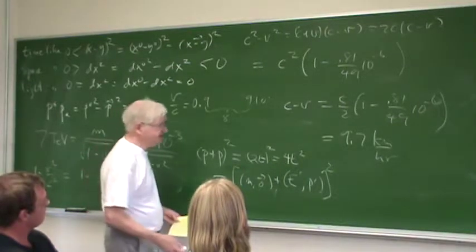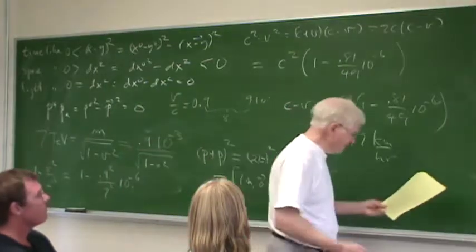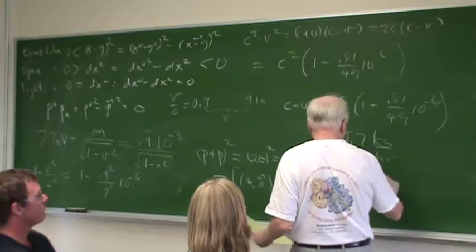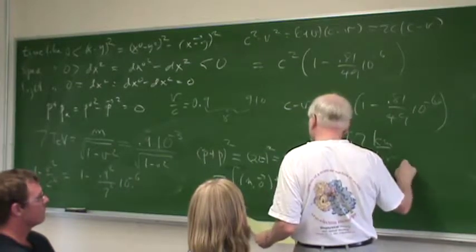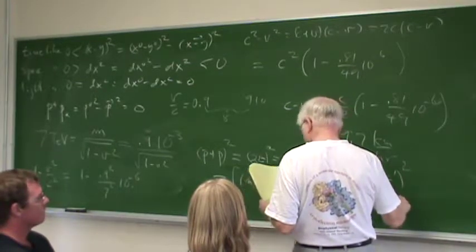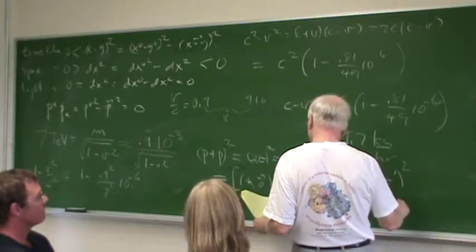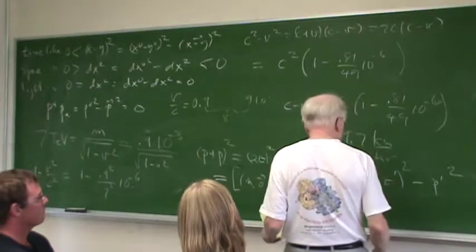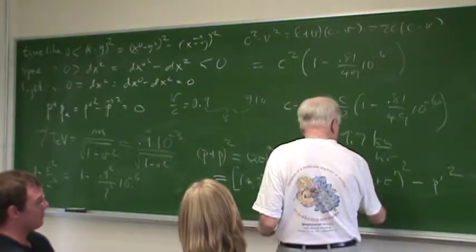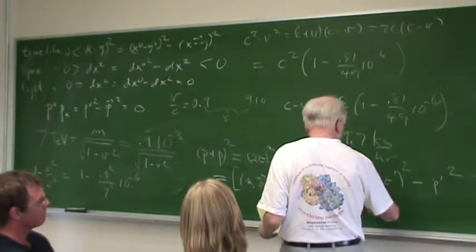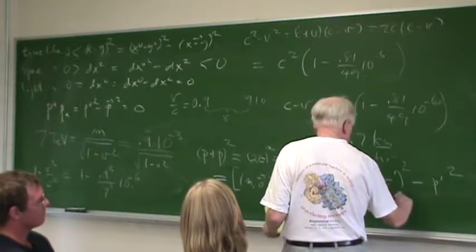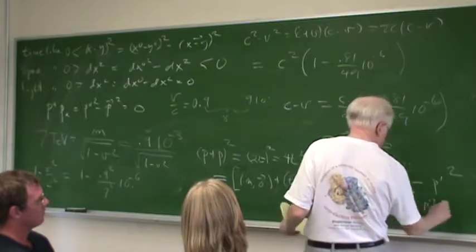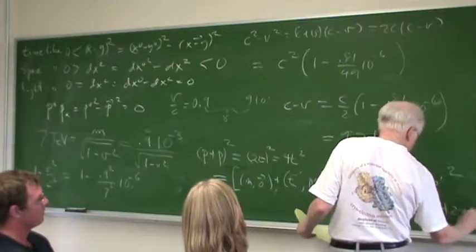Okay, so what is this? Well, this is then m plus e prime, squared, minus p prime squared. And m plus e prime squared, well, that's m squared plus e prime squared minus p prime squared, and then plus 2m e prime.